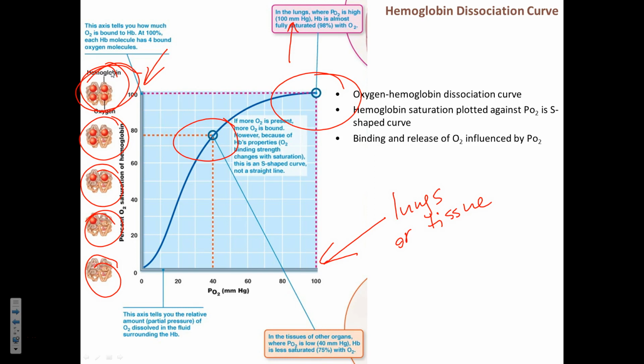Now think about this. Those loaded trucks, they go to the tissues. Partial pressure of oxygen in the tissues is 40. We know that because we measured it. And we measure hemoglobin saturation in the blood that runs through the tissues and leaves them.